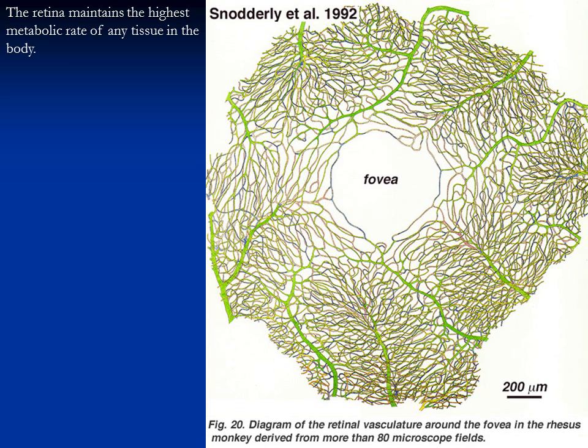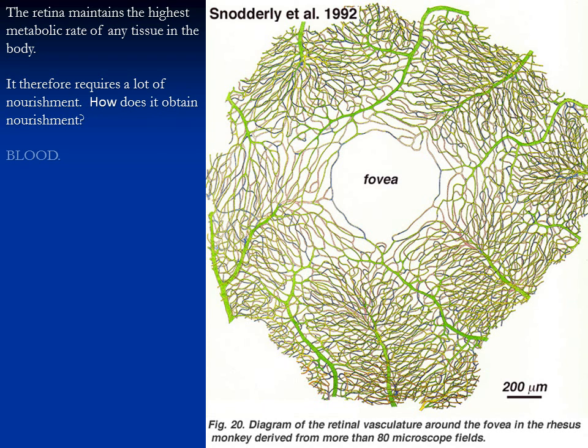There are millions of reactions happening in your fovea right now if you've got your eyes open, millions per second. So it's an astounding amount of metabolism, biochemical reactions that are occurring. So it therefore requires a lot of nourishment.